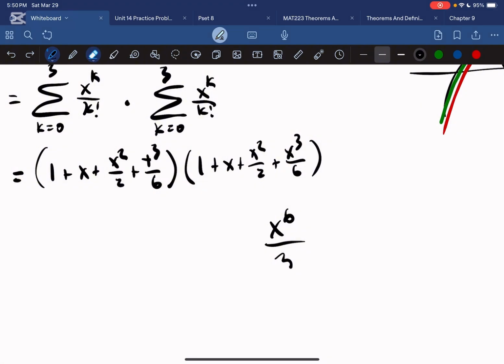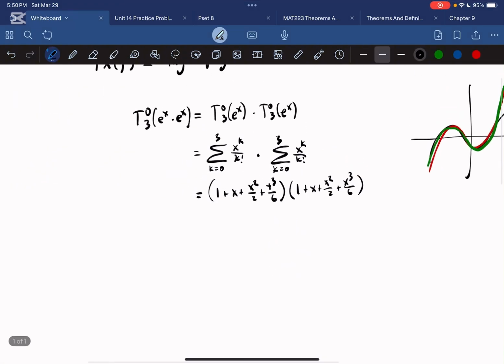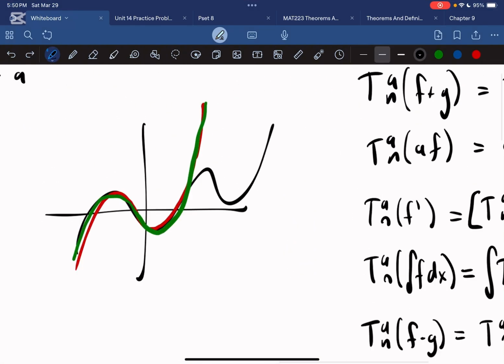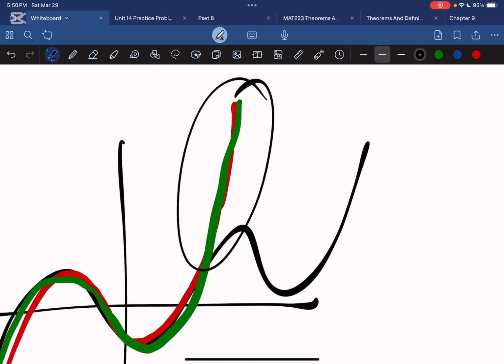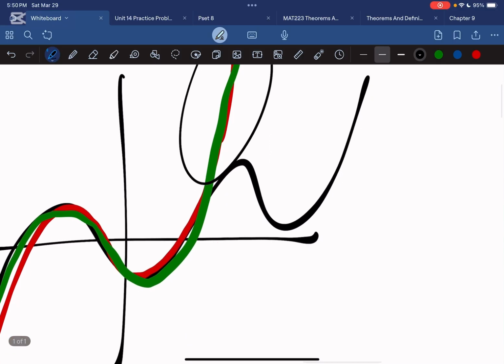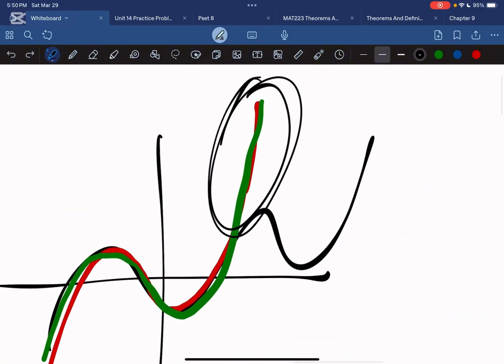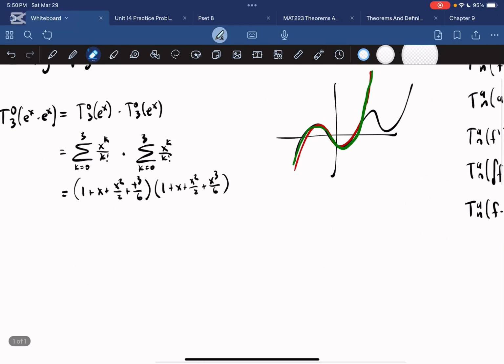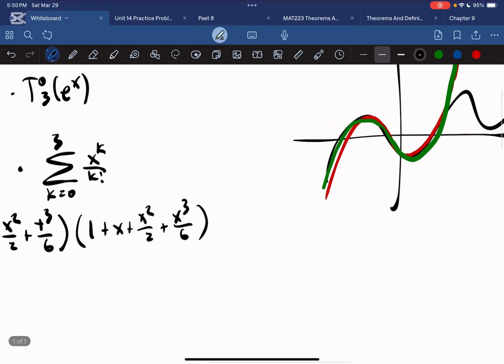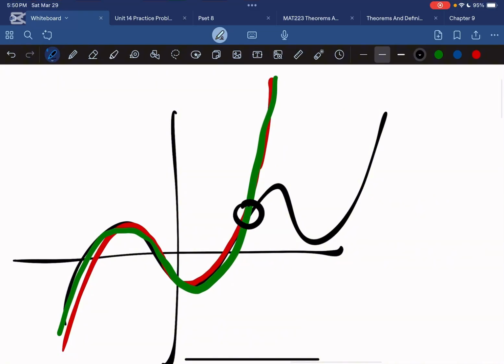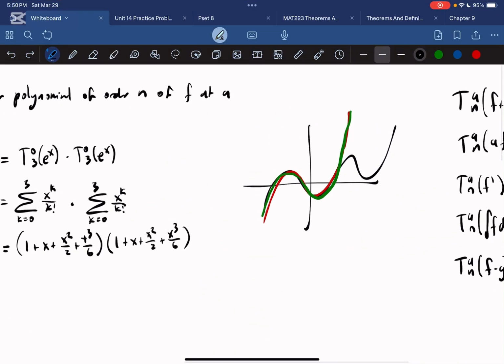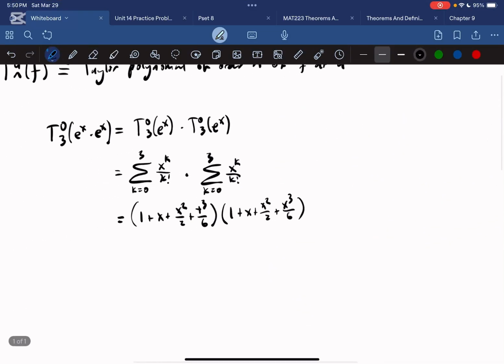We cannot say this is an approximation for order 6 because we're not accurate up to order 6. Notice how inaccurate we are after order 3. Up to order 3 over here, beautiful, a very good approximation. But over here, we're very bad. So we can't claim that we can go up to order 6. We can only go up to order 3. So that's what I mean.